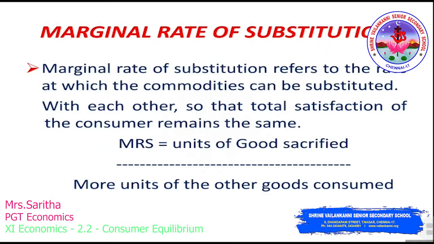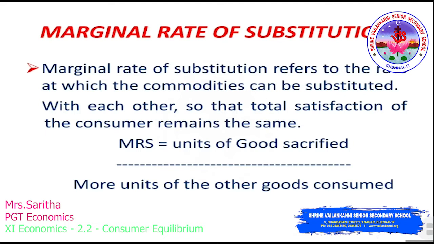Let's move on to the other one, marginal rate of substitution. Marginal rate of substitution refers to the rate at which commodities can be substituted with each other so that the total satisfaction of the consumer will remain the same.